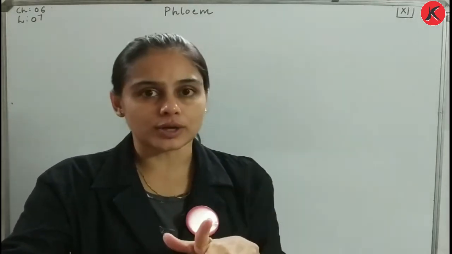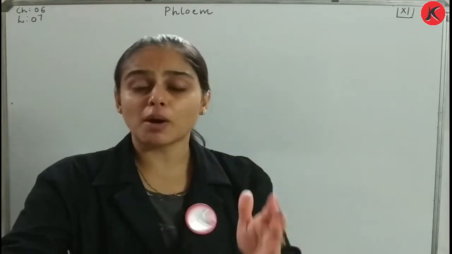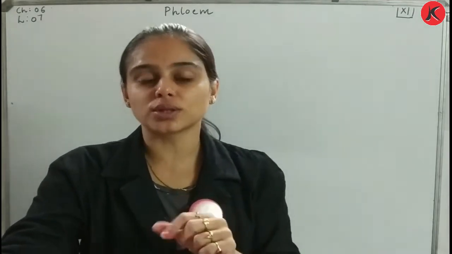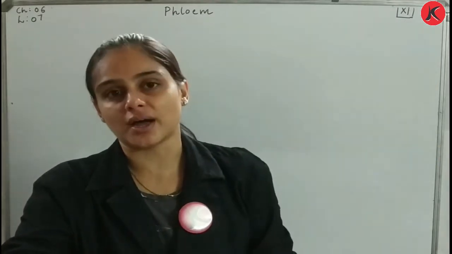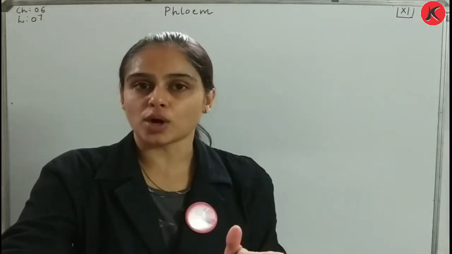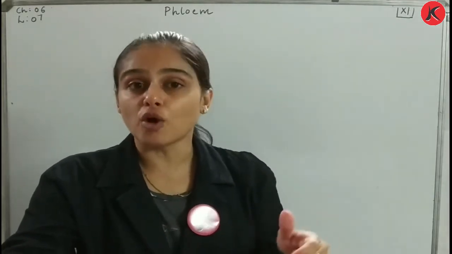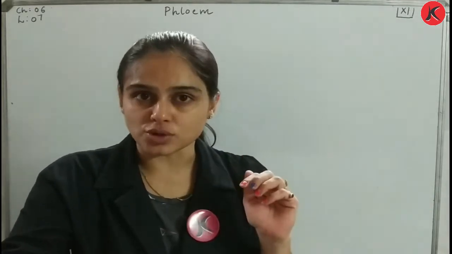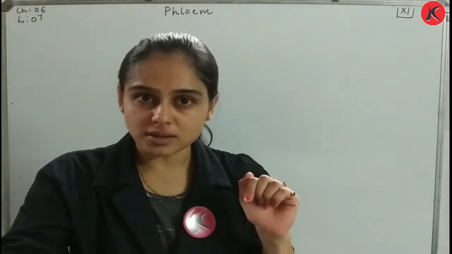Am I clear? Okay. So dear students, if I am talking about transport in xylem, the transport in xylem is unidirectional. Unidirectional in the sense what? You very well know that what is the source of water for plants? It's the soil. Yes or no?